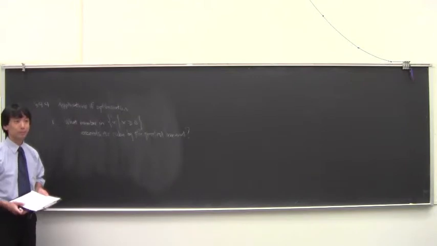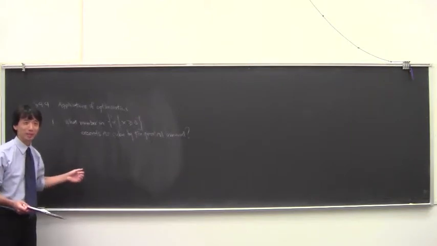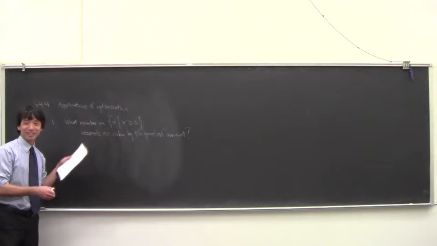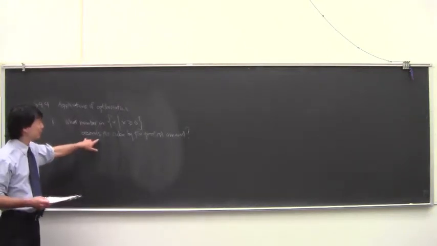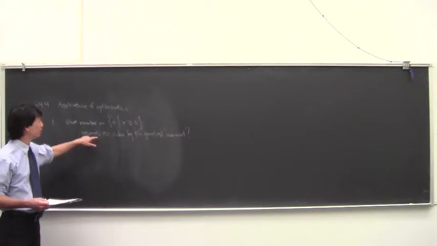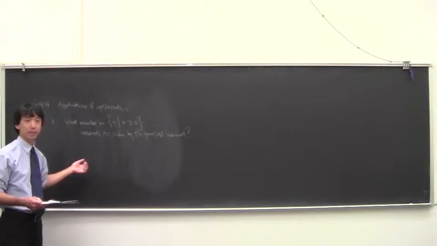So you've taken a perfectly good mathematical problem and translated it into English. Let's translate it back into mathematics. How do we translate this back into mathematics? What number exceeds its cube by the greatest amount? Exceeds its cube. So what are we interested in looking at?